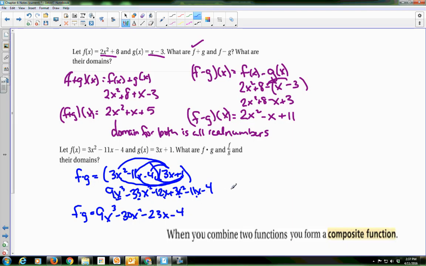All right, so now we're going to go f over g. So that's my f function over my g function. And I'm just going to make sure real quick that this doesn't factor.